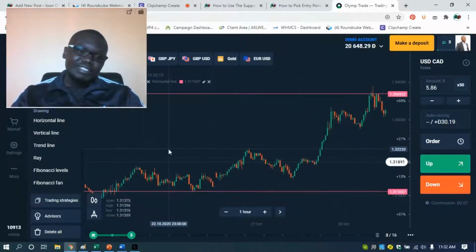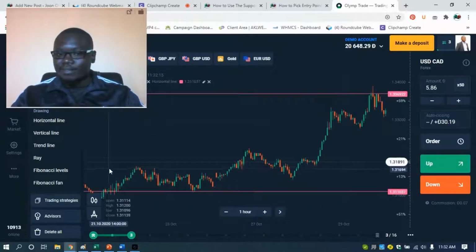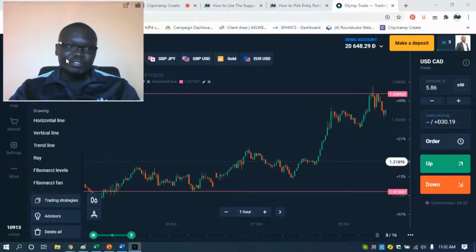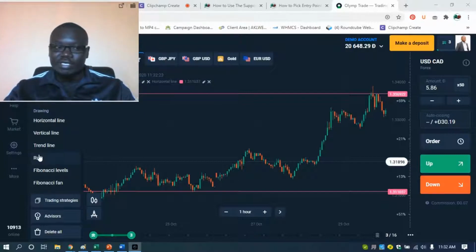Something I wanted to mention is that there are many different ways that you can draw your support and resistance levels. They do not have to be horizontal, like we've seen on higher time frames. To take care of the small movements that we've seen on the chart, we can also use trend lines.